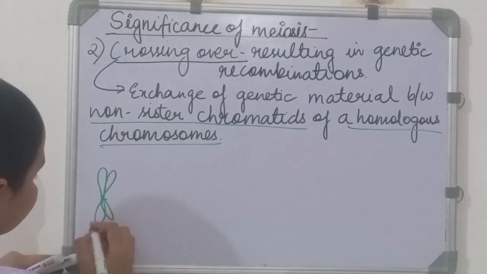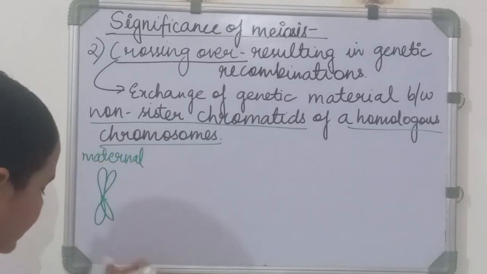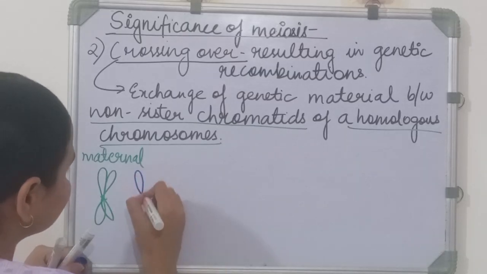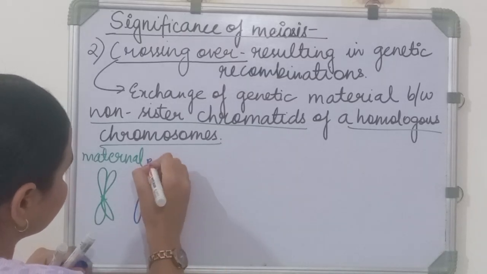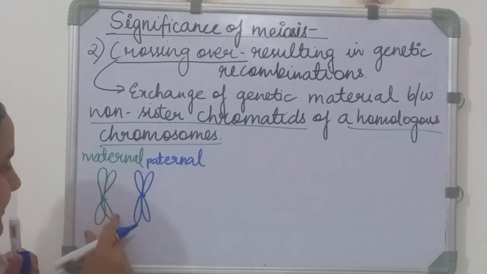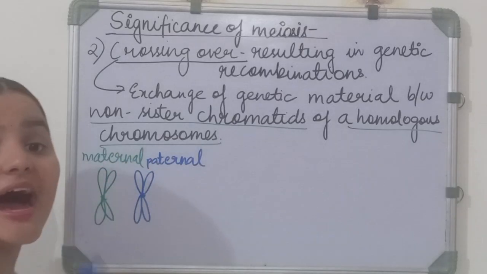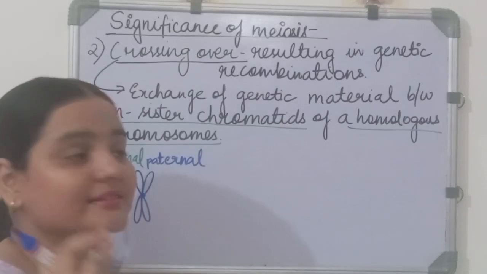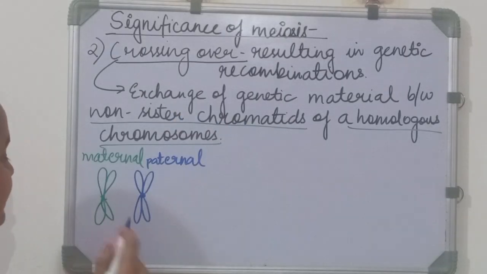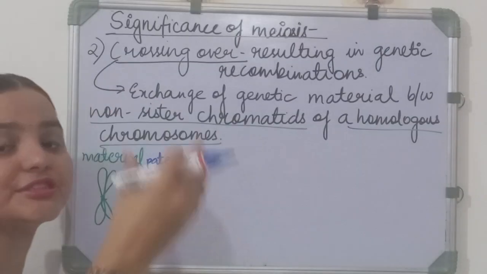This is the maternal chromosome, and this is the paternal chromosome. This has come from our mother and this has come from our father. These two chromosomes are exactly similar in shape and size, that's why they are known as homologous chromosomes. Homologous means exactly of the same shape and size.